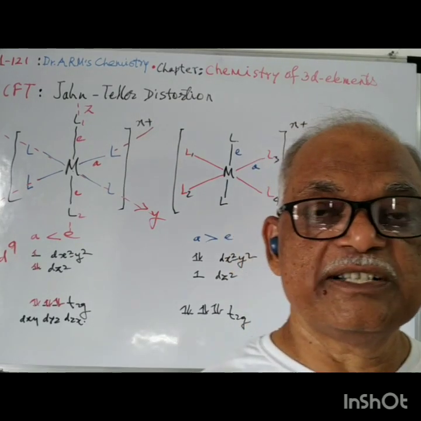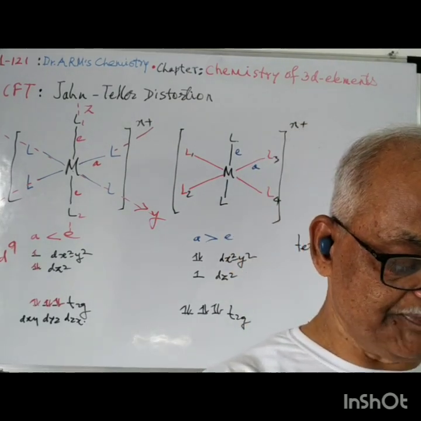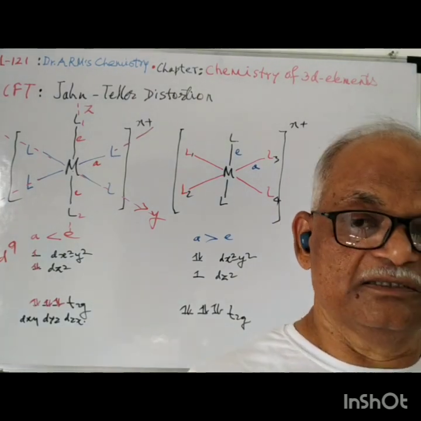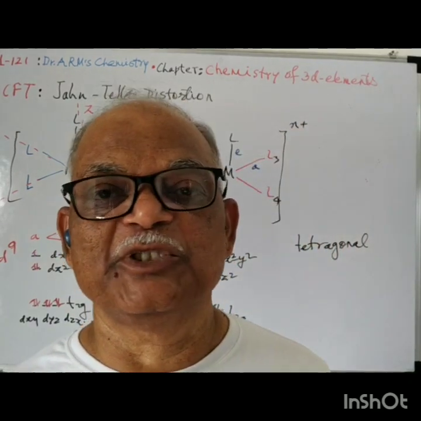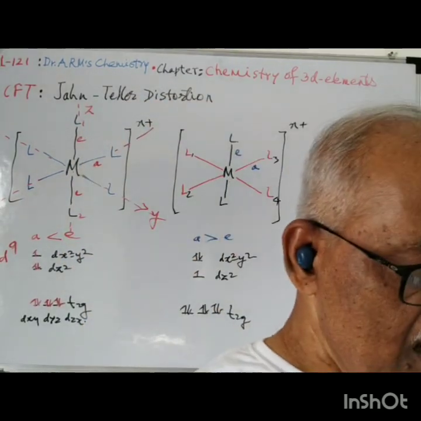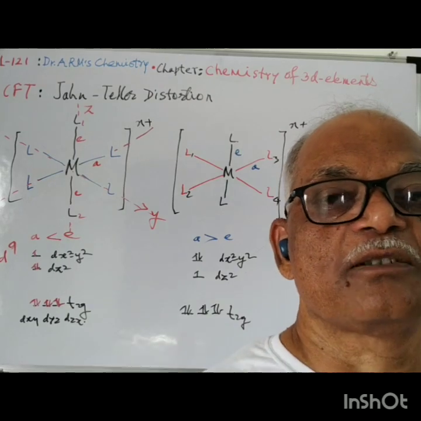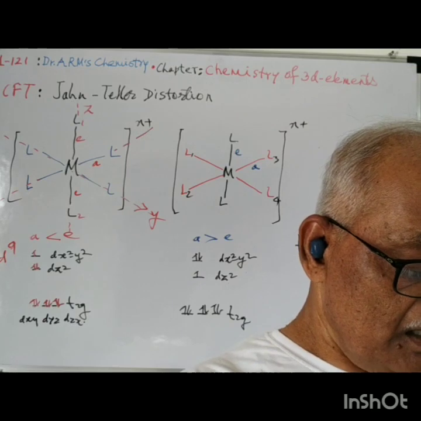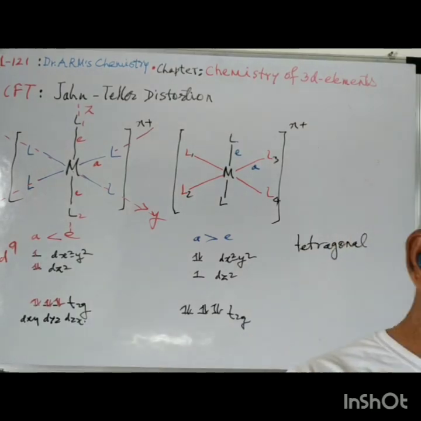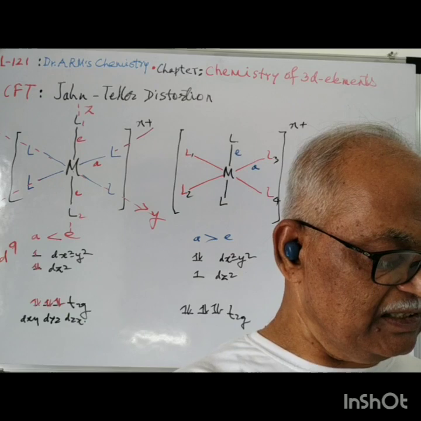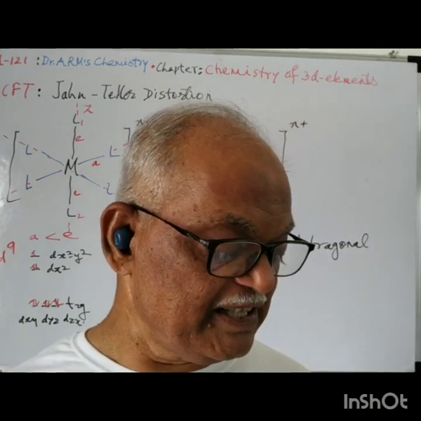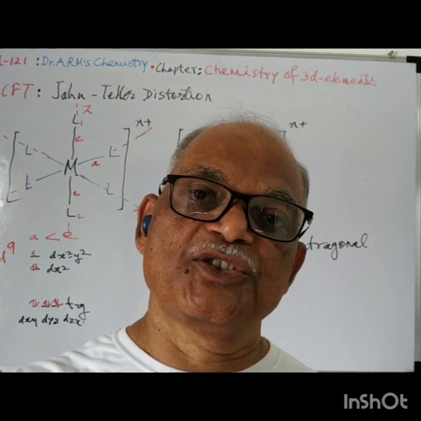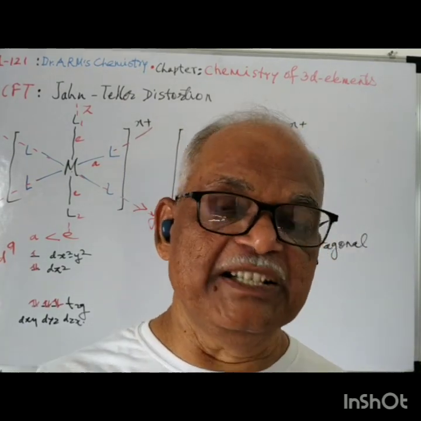Now this Jahn-Teller theorem states that when the molecular system is non-linear, the degenerate orbitals undergo splitting, and this will create instability, and that will result in the distortion in order to attain stability.